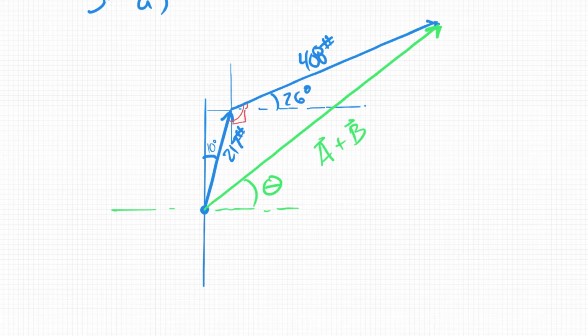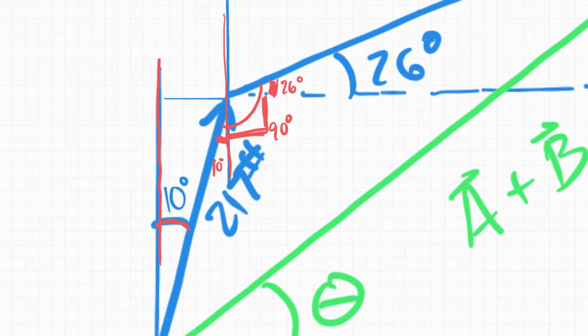So now we've got 26 plus 90. And then I just got to get this last bit right here. And that last bit is equal to this from alternate interior angles, right? Because this is parallel to this. So this little last bit right here is 10 degrees. So I've got 10 degrees, I've got 26 degrees, and I've got 90 degrees. So we can add all those up. And I can say that this angle right here is 126 degrees.